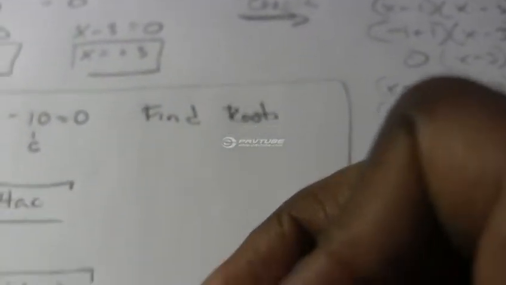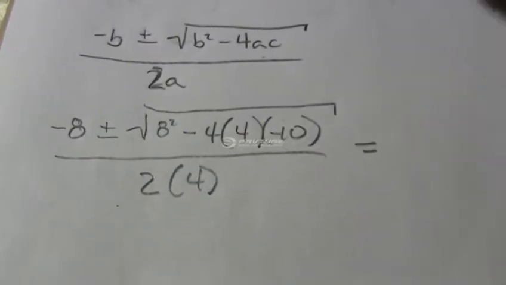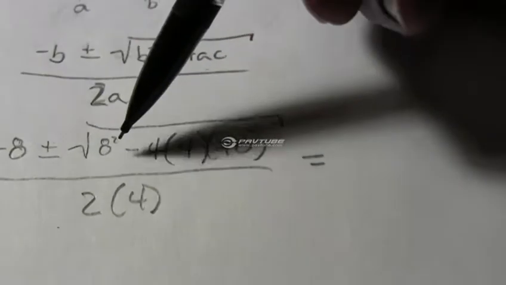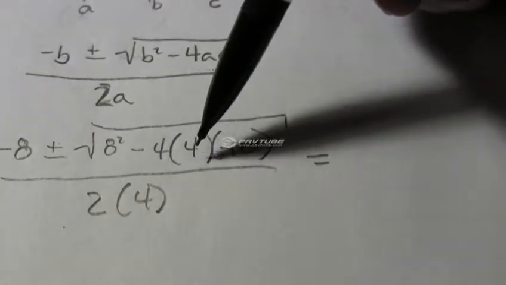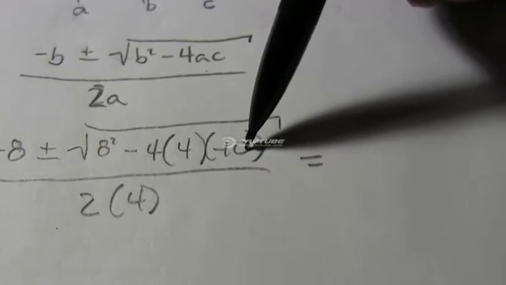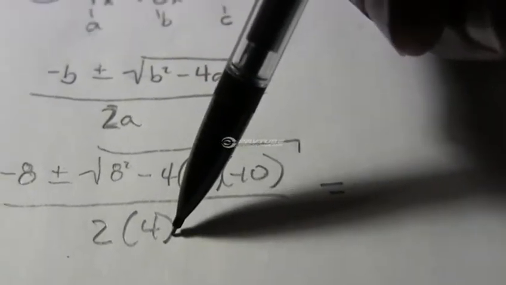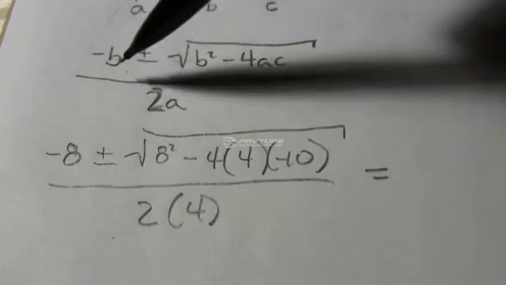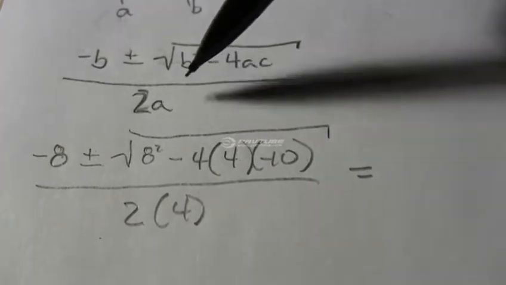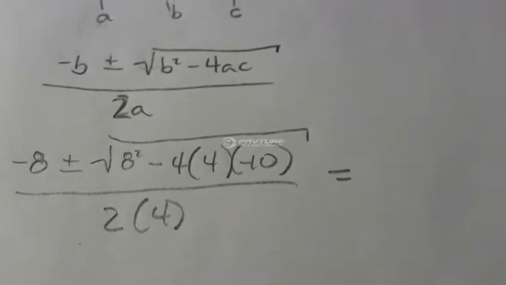Right, so you come here, sorry, losing focus. Negative 8 plus or minus 8 squared minus 4 times a times c, over 2 times a. Okay, so basically the same here. See how they correspond to each other, b squared. Okay?